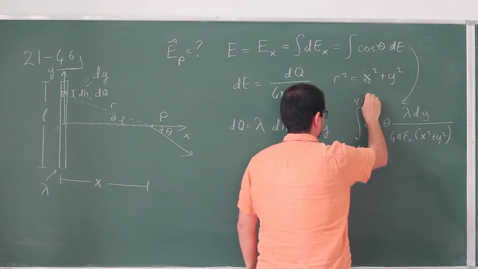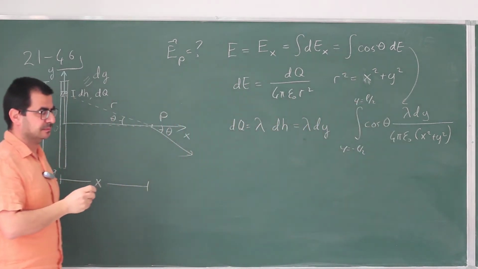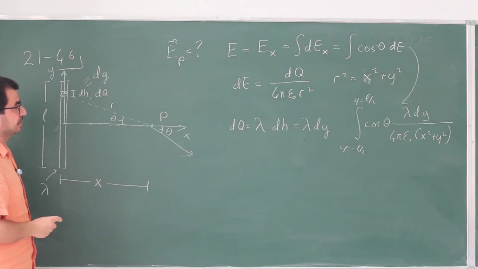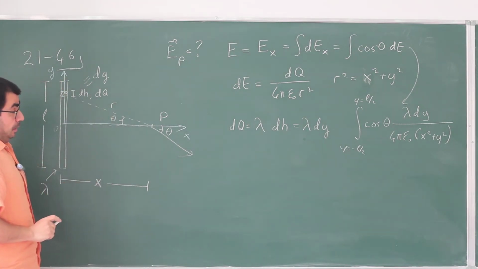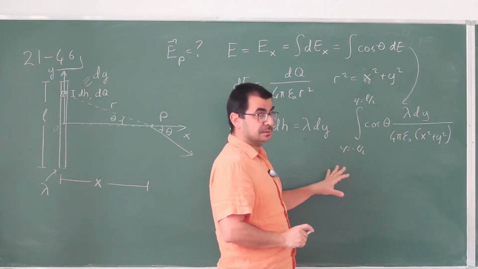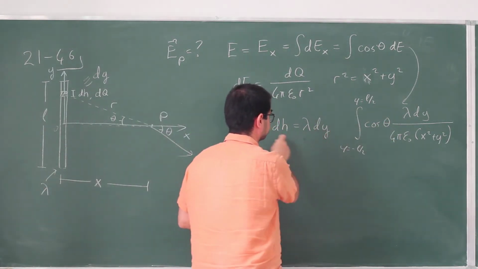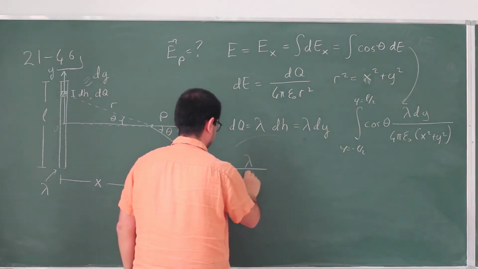So I can, at this point, also substitute these. Now this integral has to be taken over the y-axis. I'm not going to write it down; it's just something to keep in mind. You don't go this way or something like that. Now to take this integral, first we take the constant factors out. So let's do that: lambda over 4 pi epsilon naught.